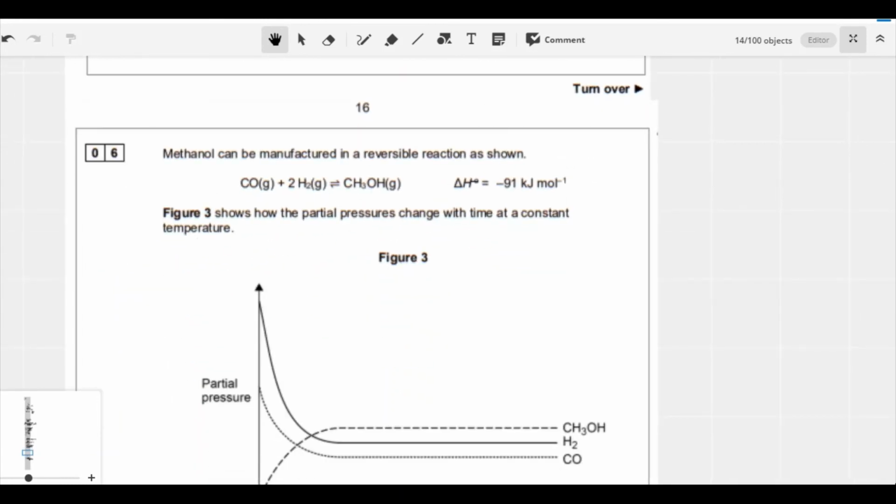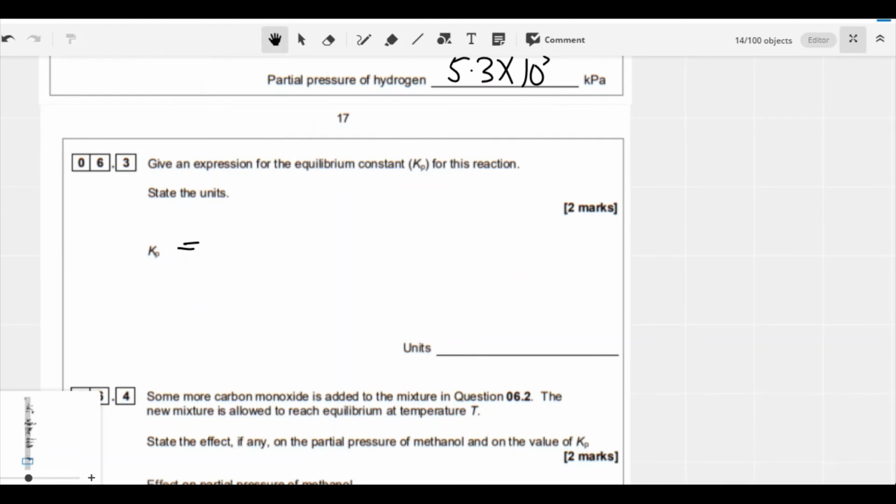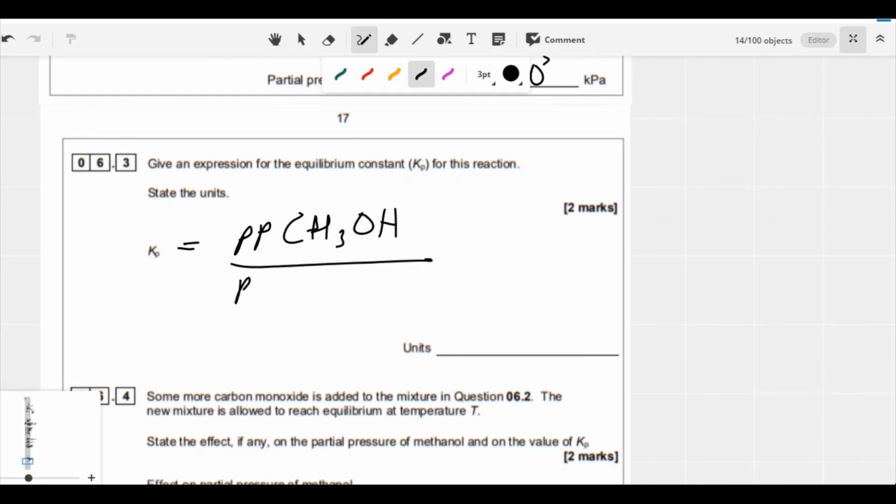So that will equal the partial pressure of CH3OH over the partial pressure of H2, and the molar ratio is 2, so here I am going to put the power 2, times the partial pressure of carbon monoxide.